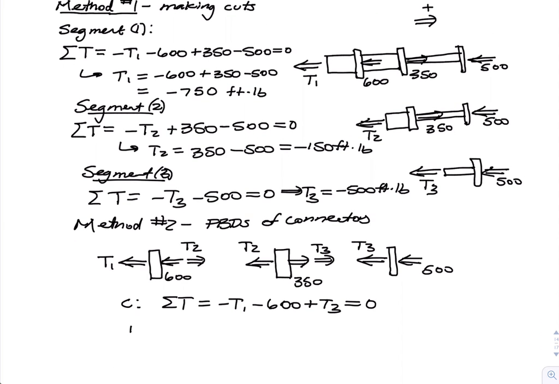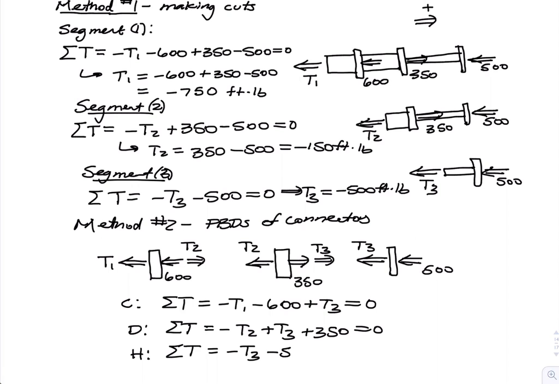If I look at connector D, when I sum the torques, I get minus T2 plus T3 plus 350. For equilibrium, that is a 0. And then for connector H, when I sum torques, I get minus T3, minus 500.